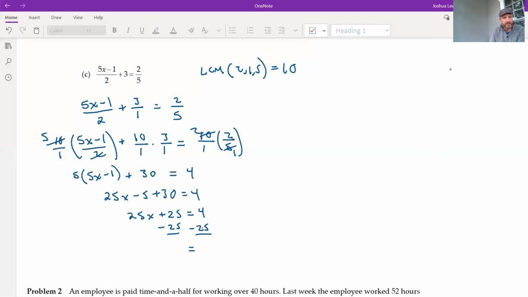Four minus 25 is negative 21. And so I have 25x equals negative 21. Divide both sides by 25. And we have x equals negative 21/25, okay? And there's my solution, okay?